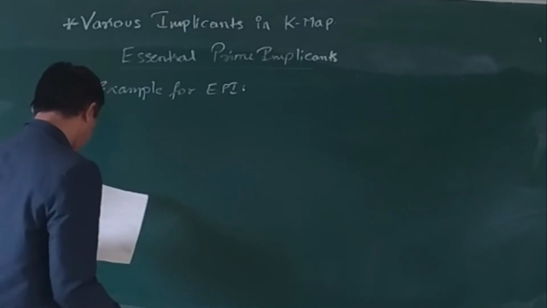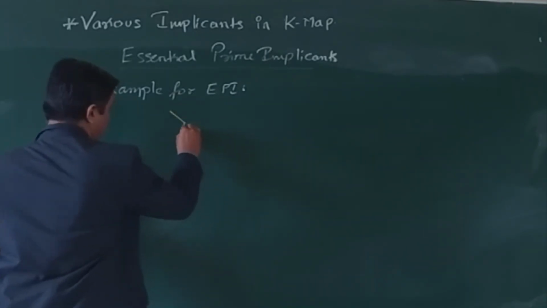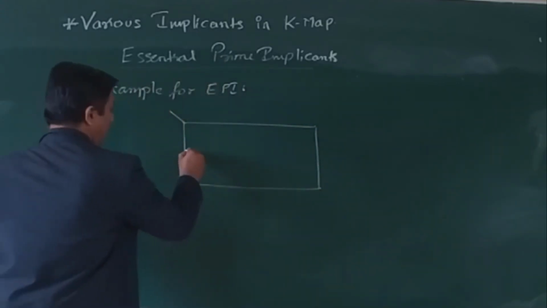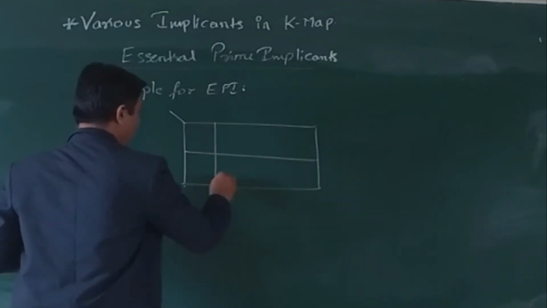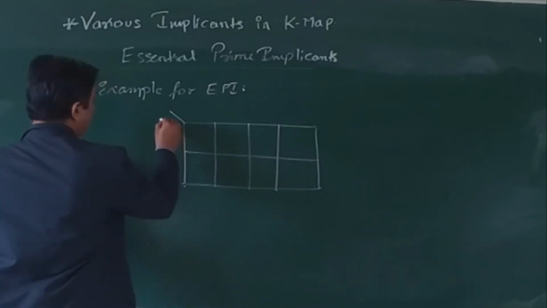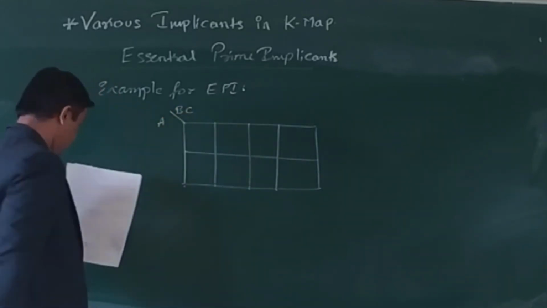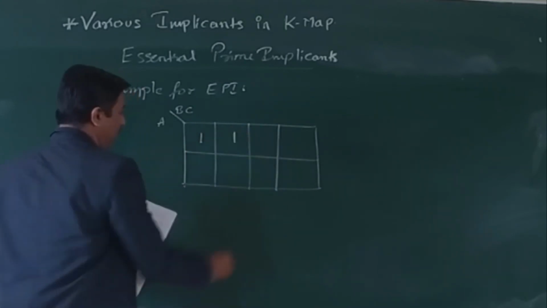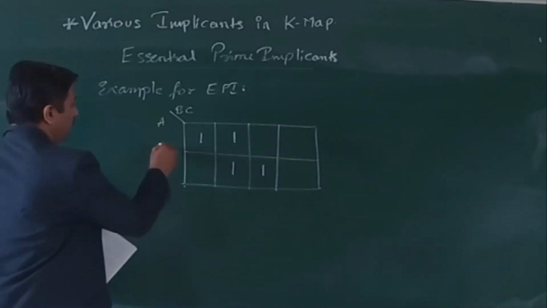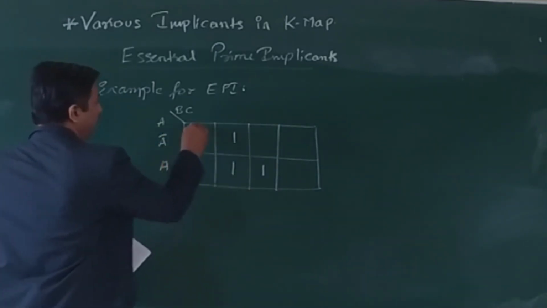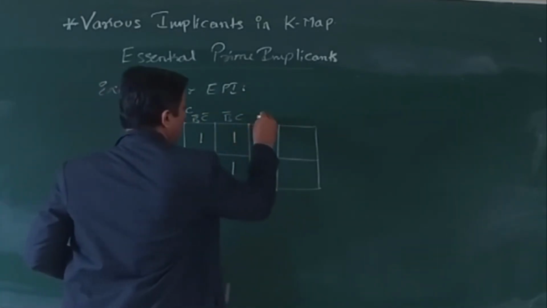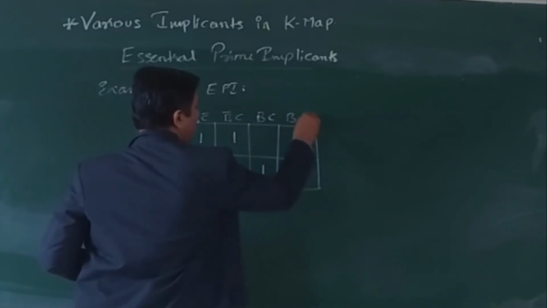Here, let us take the previous example. Now I randomly put some ones into this. So here we have A bar and A, B bar C bar, B bar C, B C and B C bar.